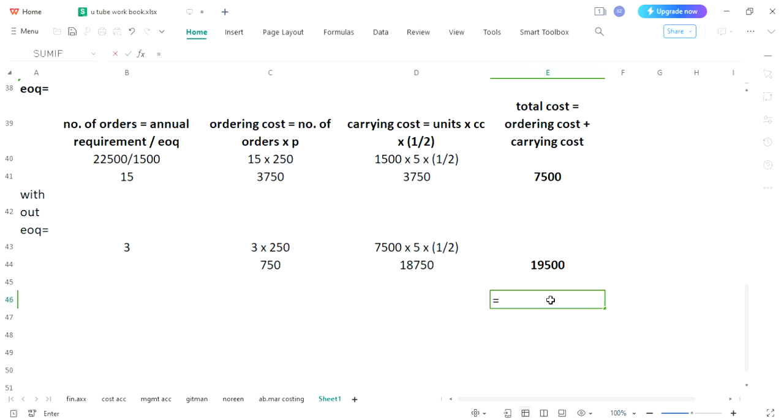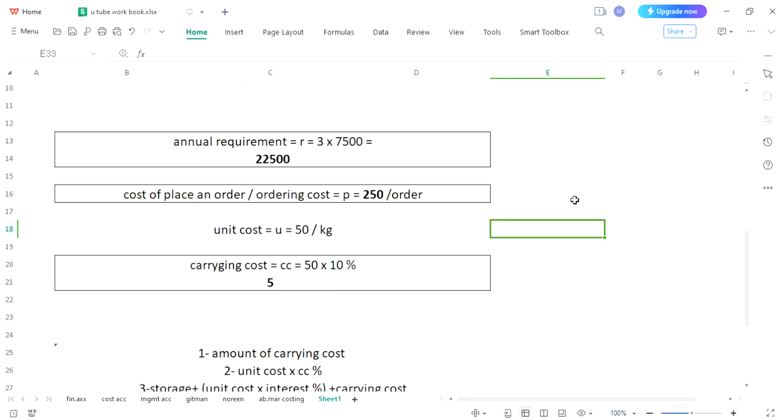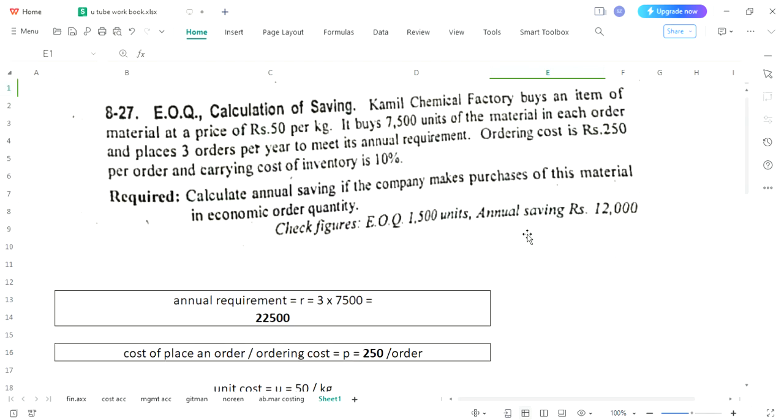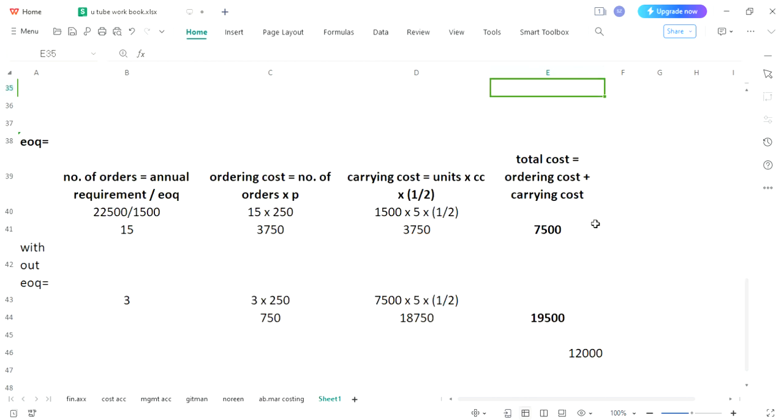How? 19,500 is the amount which you will spend in absence of economic order quantity. Take difference of 7,500, which was the total cost when you were following EOQ. So finally we have got an amount 12,000, and you can see that your annual saving is also 12,000.